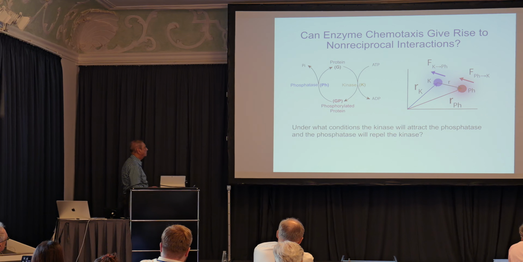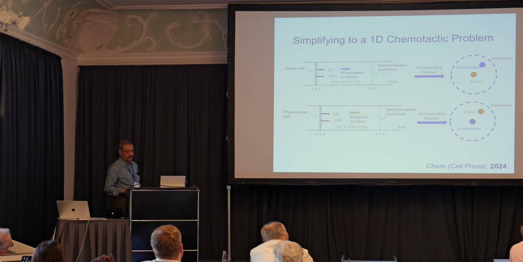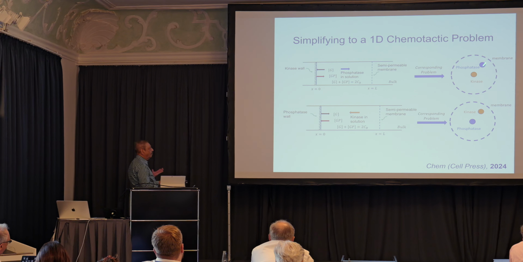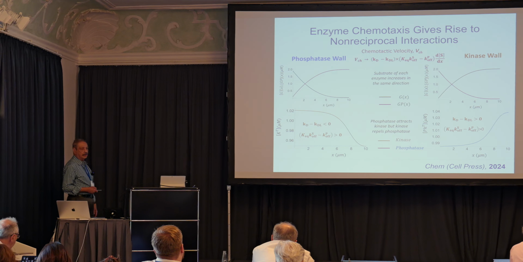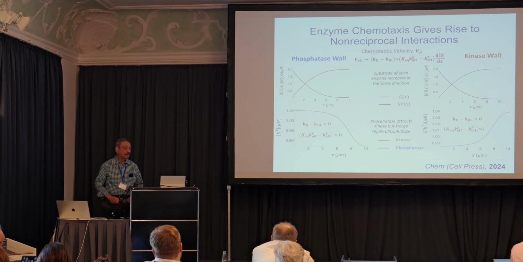And to address this, we said, OK, so we have the kinase immobilized, and the phosphatase in solution. You have a semi-permeable membrane, which allows things to go in and out. Or you can do the other way around. And basically, what we're doing is looking at what phosphatase does from the point of view of kinase, or the other way around. And if you do this, you see that simply diffusion and kinetic asymmetry is sufficient to cause non-reciprocal interactions.